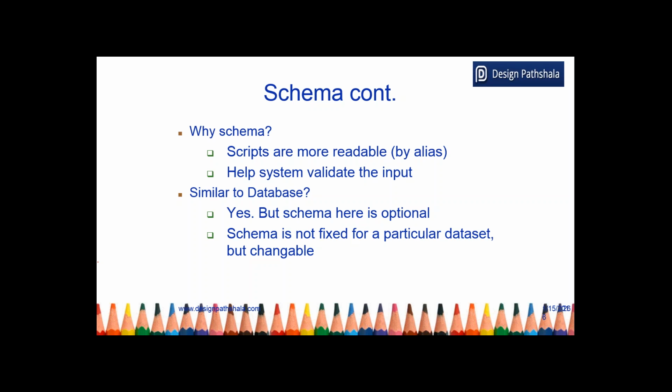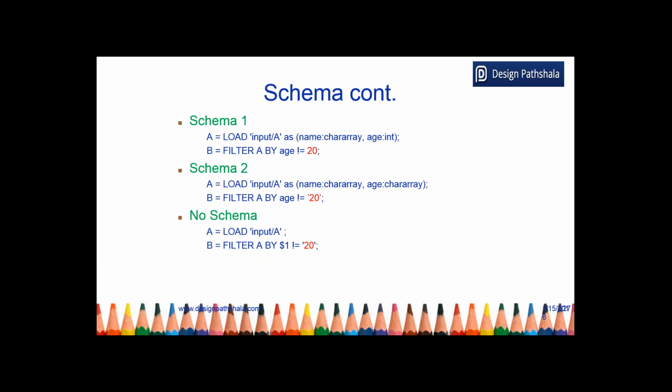However, that is optional and that makes it powerful. But giving a schema to the data you're loading makes it similar to any other relational database language, and you can pretty easily use those columns from your file in your next statements. But how that is optional, let's look at that part, and how you can change the data types on the fly.